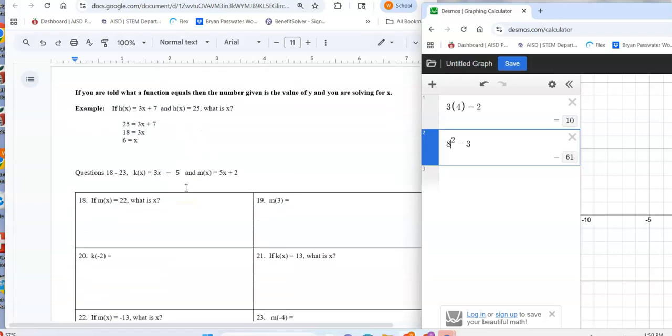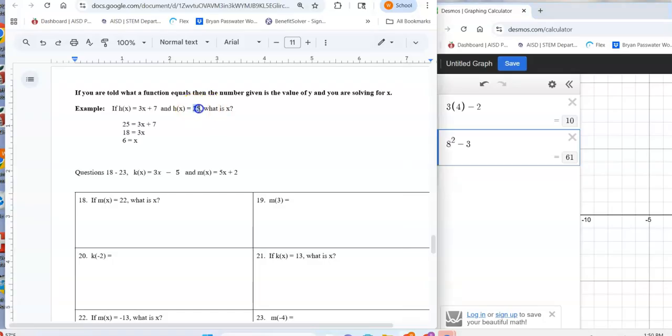Okay, now if you're told what a function equals and the number given is the value of y, you are solving for x. So let's say h of x is 3x plus 7 and h of x is 25, what is x? So 25 is y.